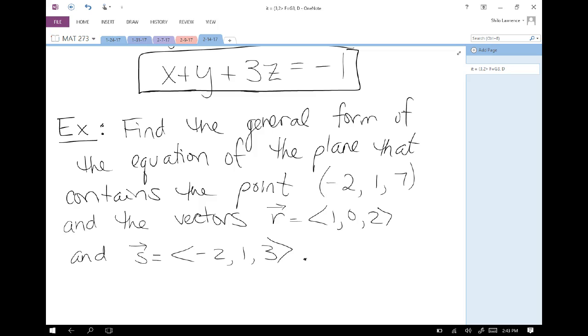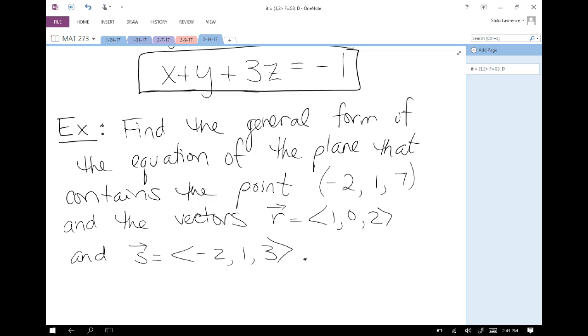There's two other synonyms for normal that we keep using. Orthogonal and what's the old-fashioned word that we learned, perpendicular? Perpendicular. So we need a point and we need a normal vector. They gave us a point, they did not give us a normal vector.